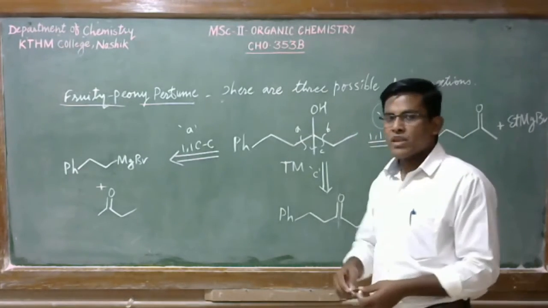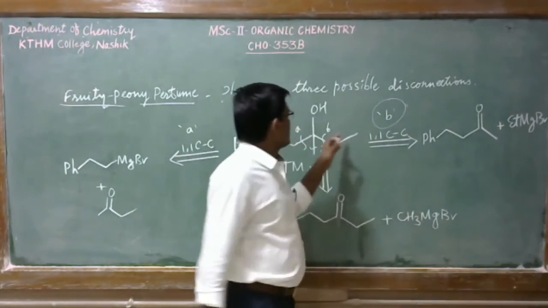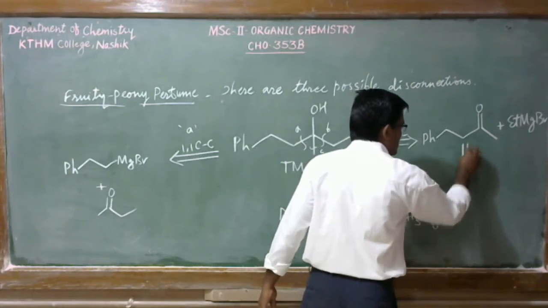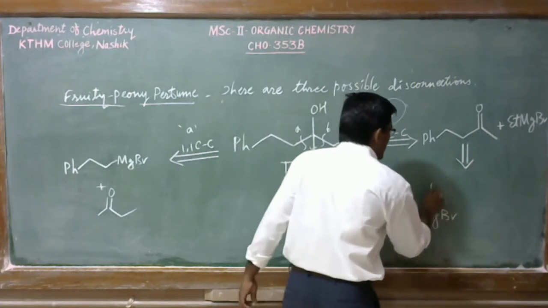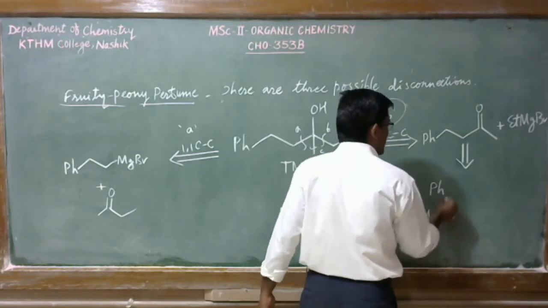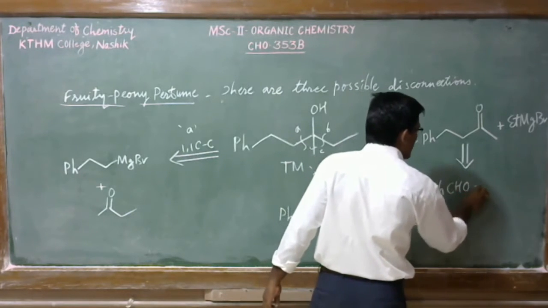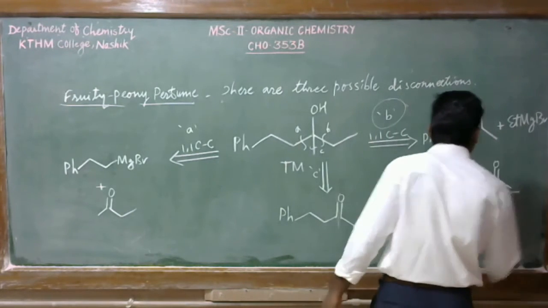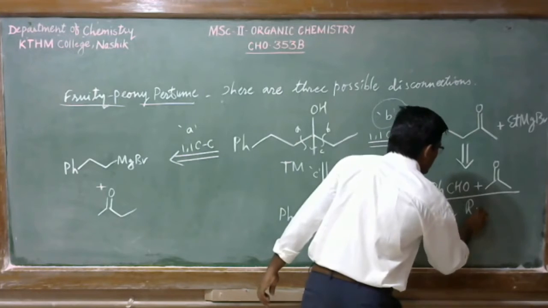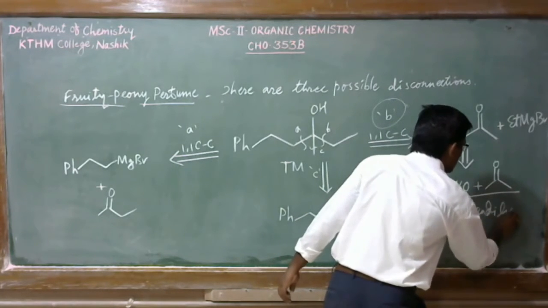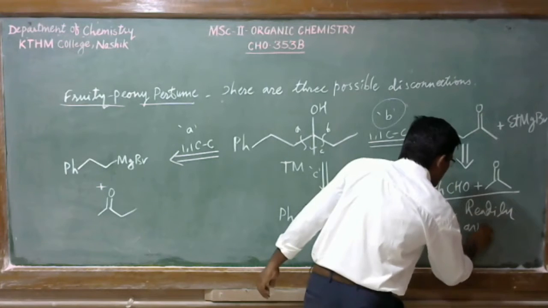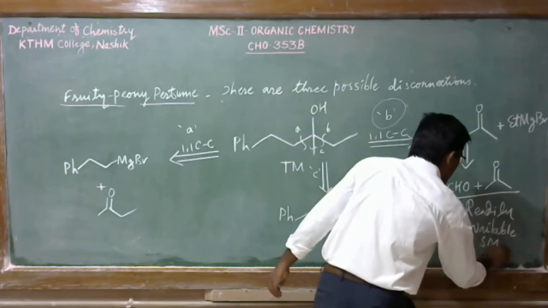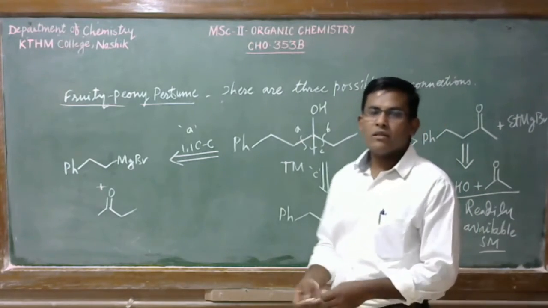Why is it so? Because when you cleave this bond B, we are getting this precursor. This precursor can be further disconnected. It can be obtained from benzaldehyde plus acetone. So this is a readily available starting material, and not expensive.